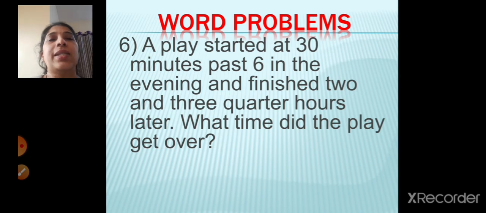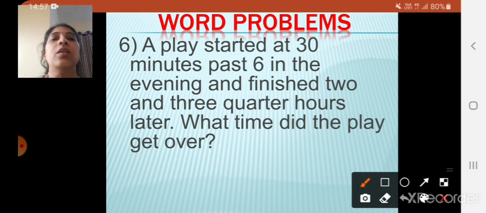Now let's take the last word problem. A play started at 30 minutes past 6 in the evening and finished 2 3/4 hours later. What time did the play get over? Right? So what is given in the question? A play. It started at 30 minutes past 6 in the evening.